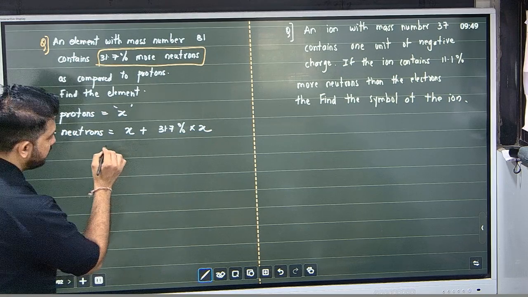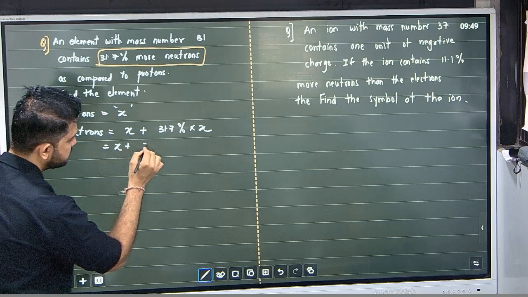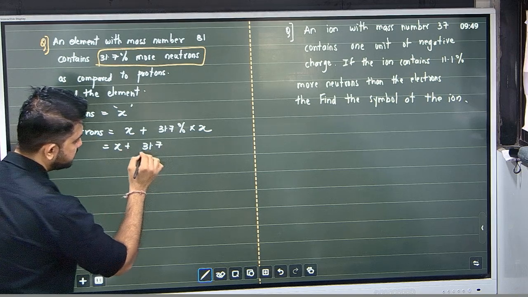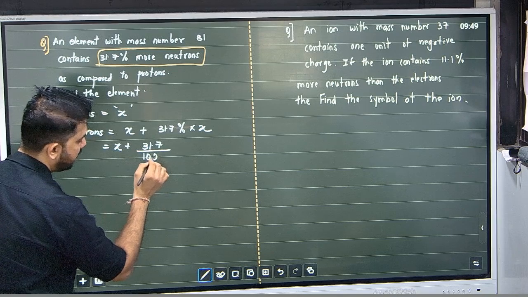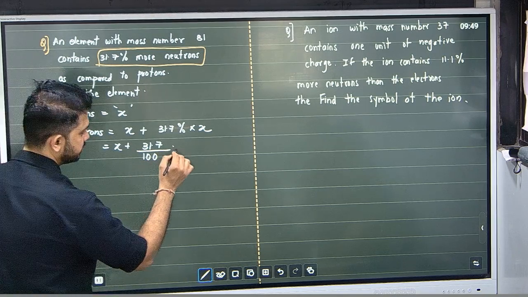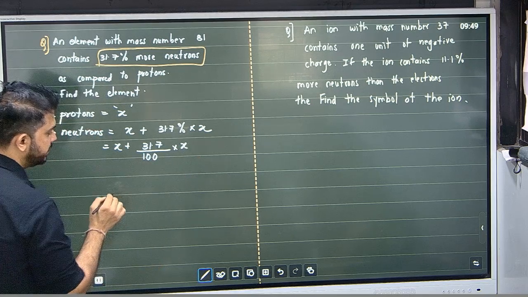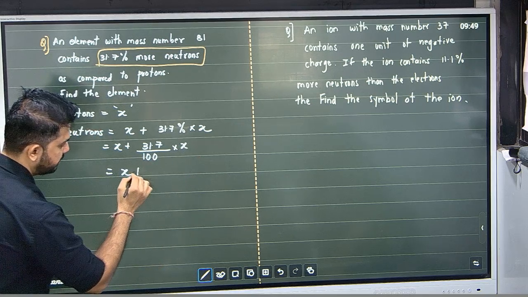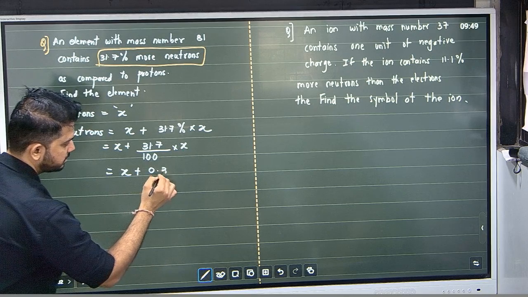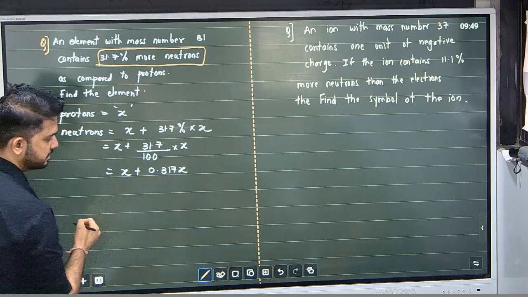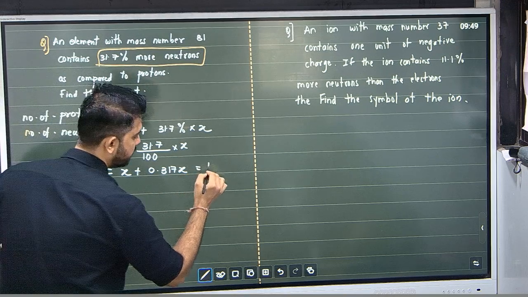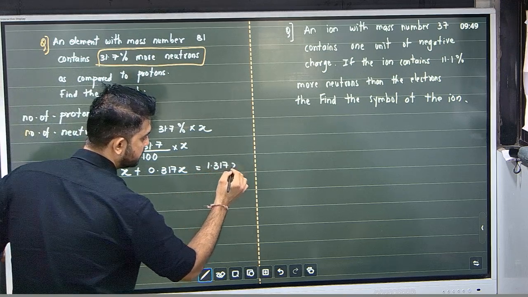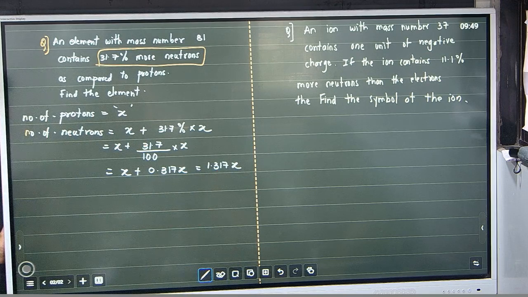How will you write 31.7%? We can write it as 31.7 upon 100. So what will this become? x plus 0.317x. So how much is the total, people? 1.317x. Anyone who did not get this? Any point as well?